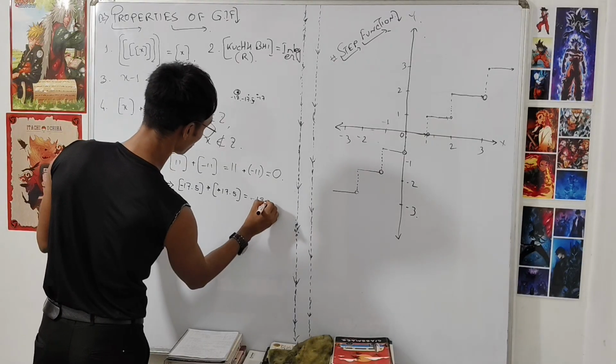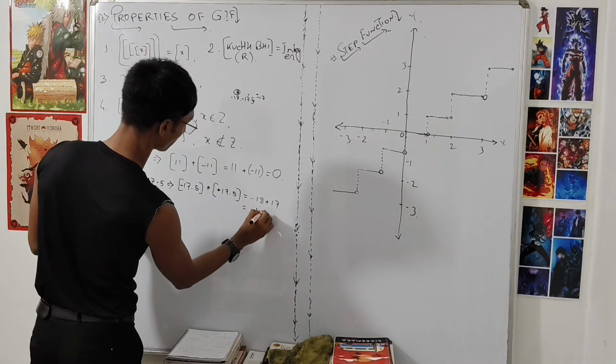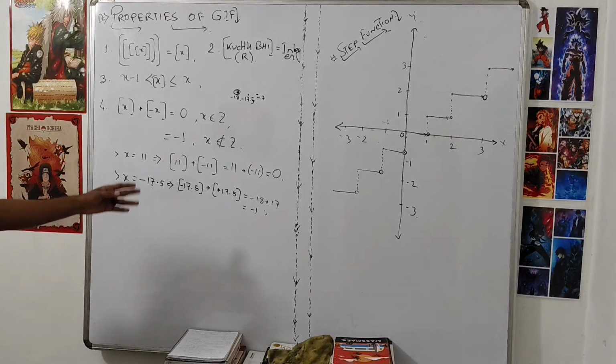And floor of 17.5 will produce 17. So minus 18 plus 17 is equal to minus 1. Okay, that's how you will get it.